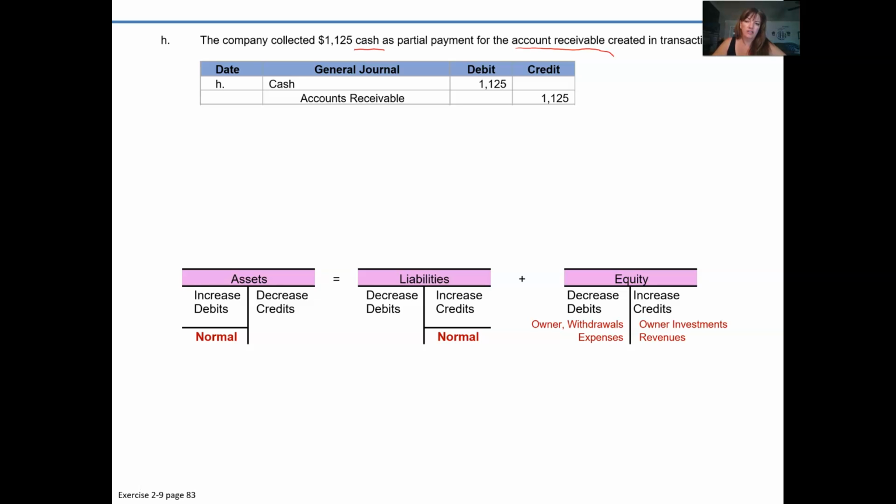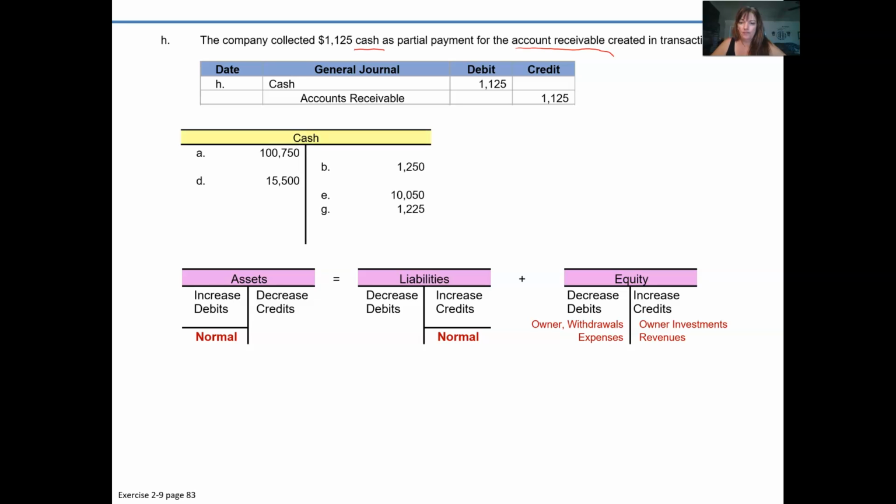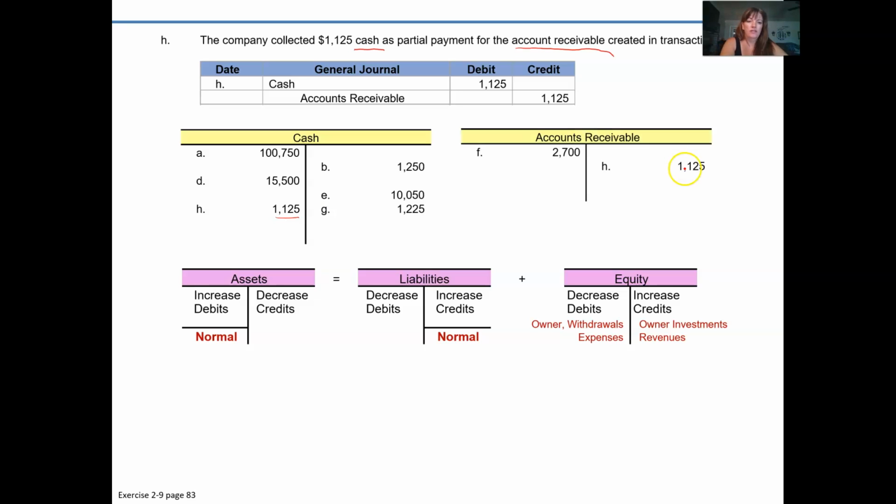Accounts receivable is also an asset like cash, but this time this one decreased. Basically what we did is we moved the money from accounts receivable into cash. So we will credit accounts receivable and debit cash. In transaction H, you'll see the increase of cash and then the decrease in accounts receivable. 1 debit and 1 credit.